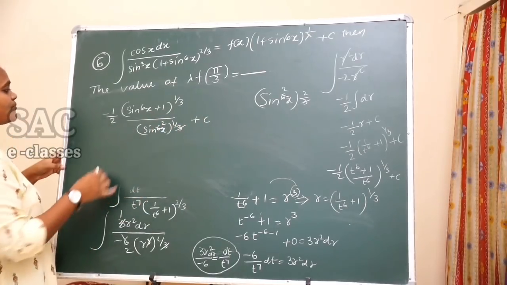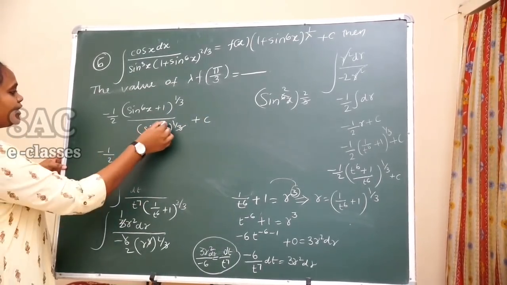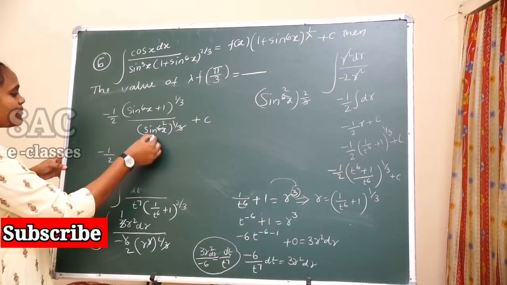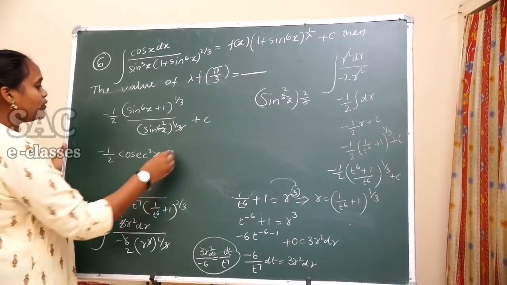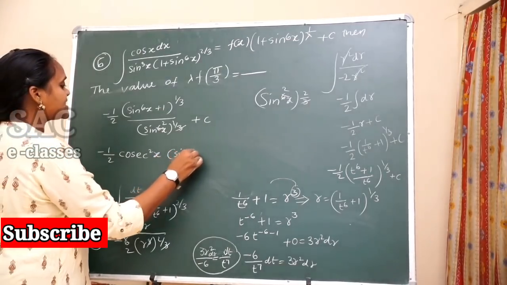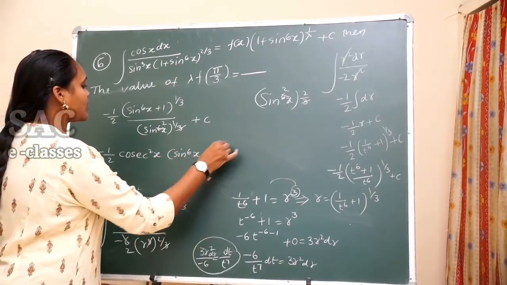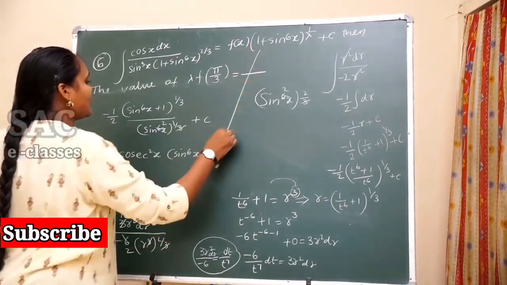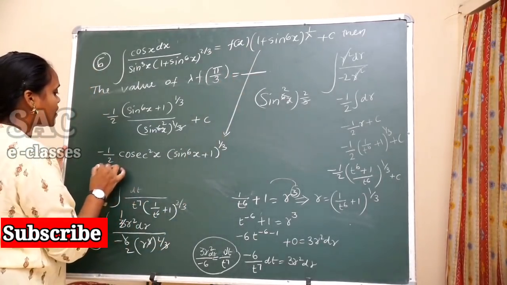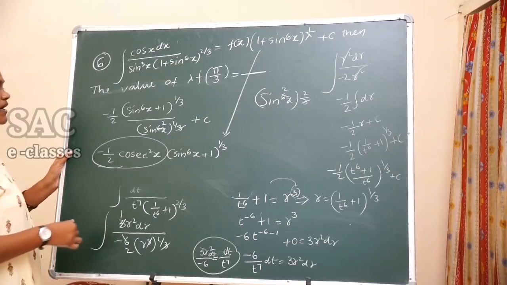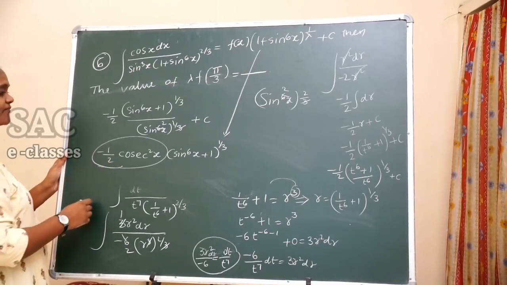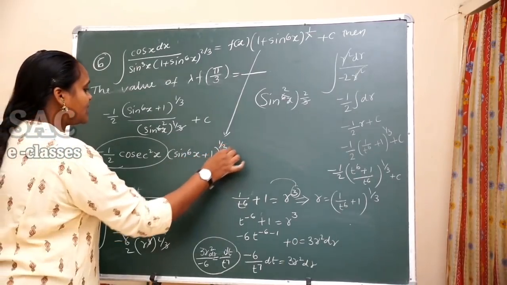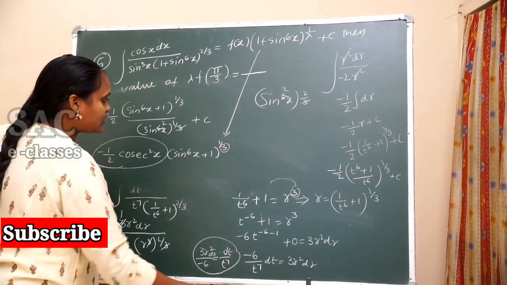Then if you have observed, minus 1 by 2 into sin square, 1 by sin square will become cosecant square x into sin power 6x plus 1 whole power 1 by 3. Just look at the given problem. Now clearly you can observe that minus 1 by 2 cosecant square x you can treat as f of x, and you can treat this lambda value as 3.